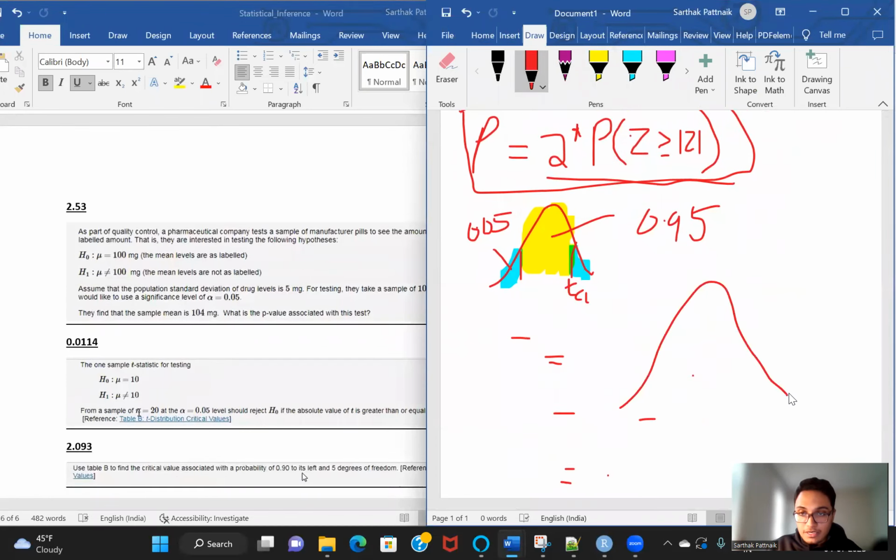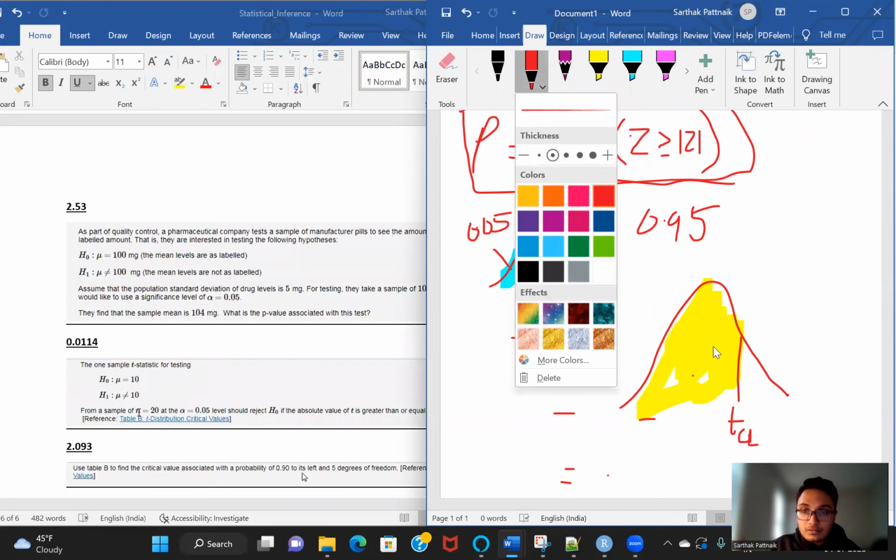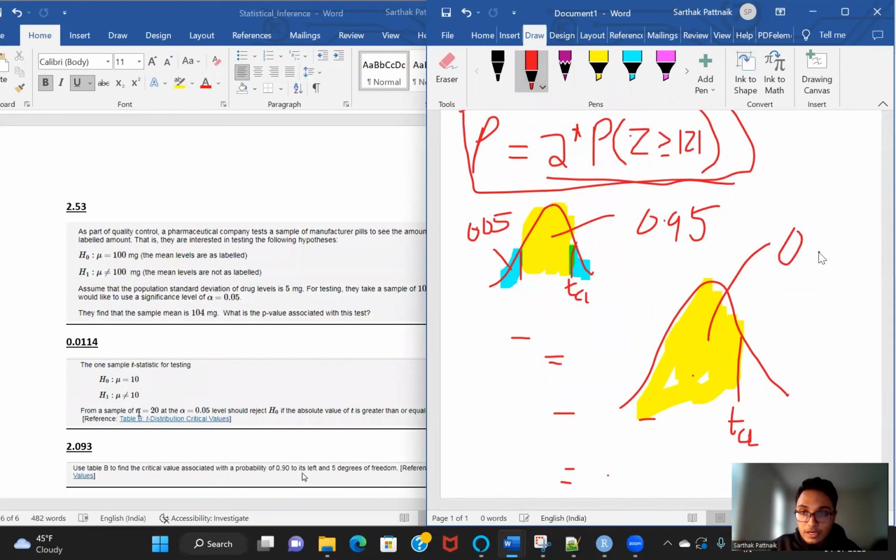I have been given the probability to the left of the critical value as 0.9, and my degree of freedom is equal to 5. So with this, let's calculate the answer.